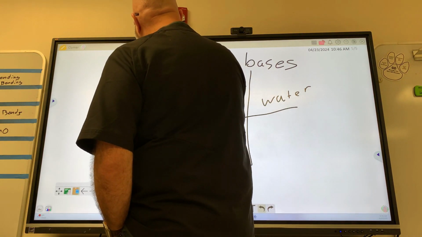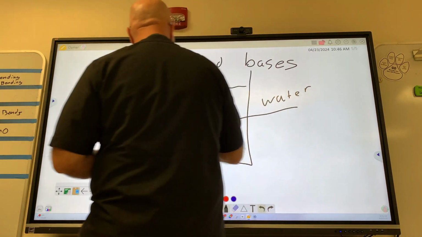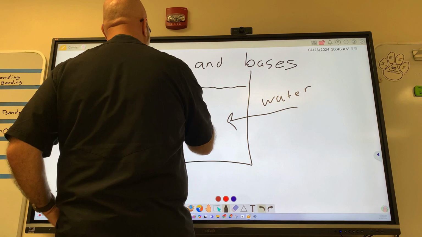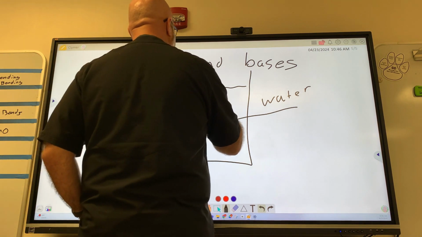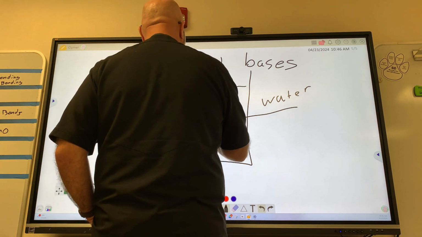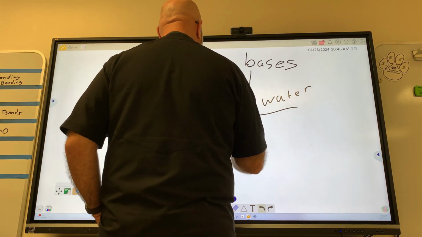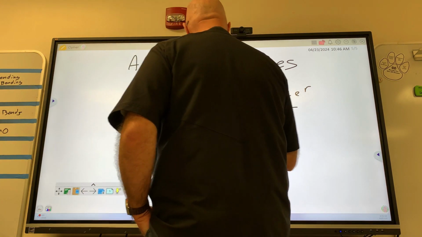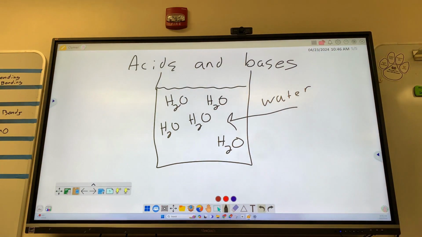Inside of water, generally, there's a bunch of these. Would we agree? Yes. It's a very scientifically drawn picture here.